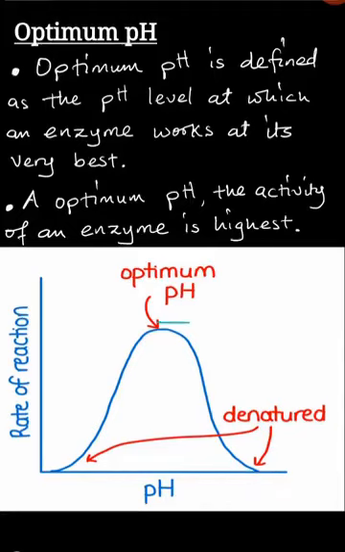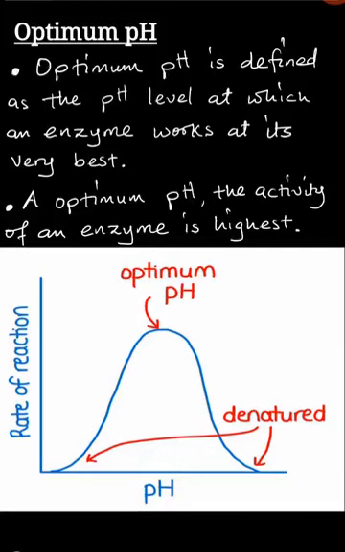But when the pH is at that level, at the highest level of enzyme action, here we have the optimum pH. At optimum pH, the speed of an enzyme catalyzed reaction is at its highest point. So that point there is what we call the optimum pH.